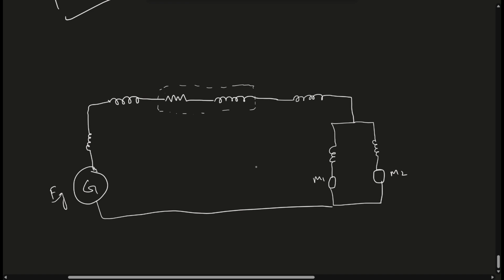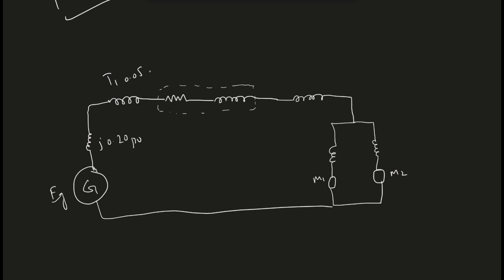Now by putting values, the generator was j0.20 per unit. This is T1, transformer 1, which is j0.053 per unit. The transmission line, TL, was 0.08 plus j0.115 per unit.